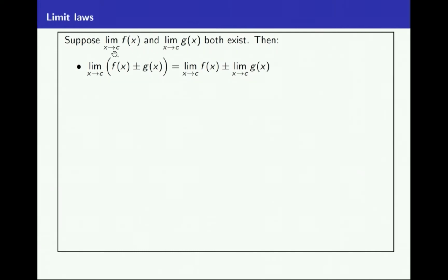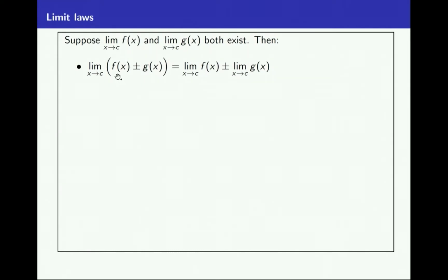Suppose that the limit as x approaches c of f of x and the limit as x approaches c of g of x both exist. Then, first of all, the limit as x approaches c of f of x, either plus or minus g of x, equals the limit as x approaches c of f of x, plus or minus the limit as x approaches c of g of x, where you use plus or minus here depending on whether you have a plus or minus here.